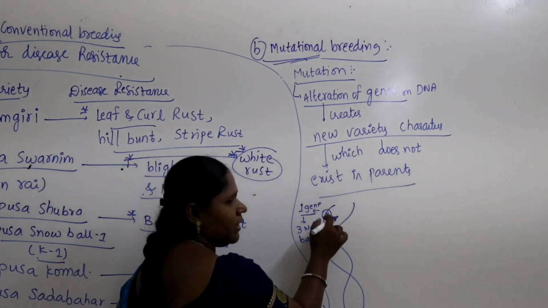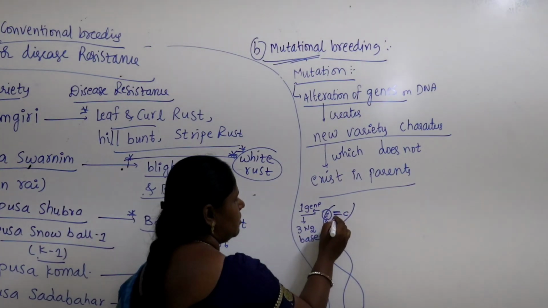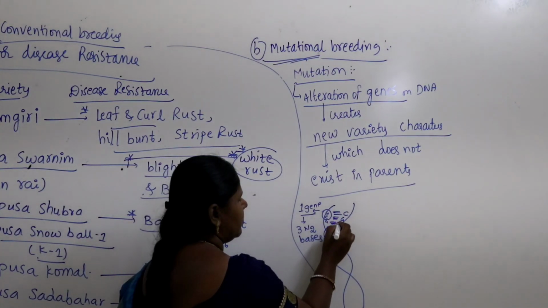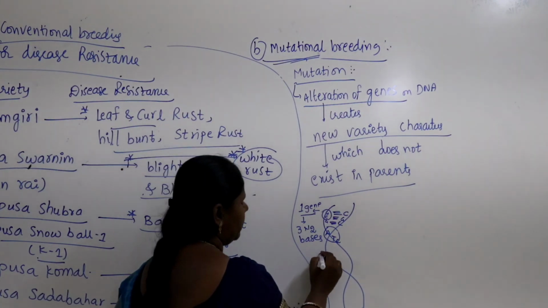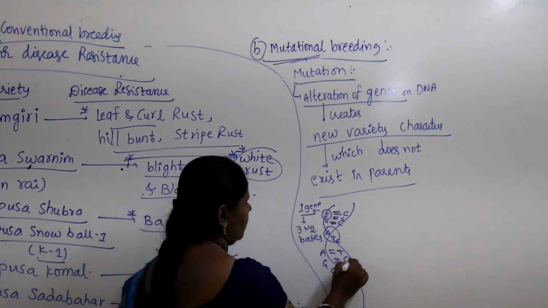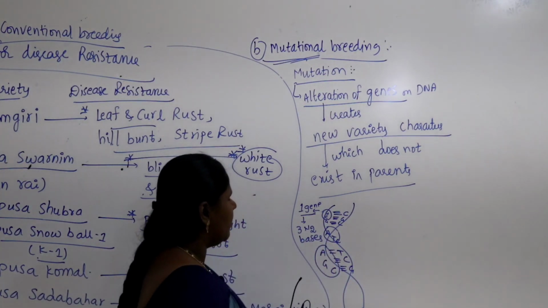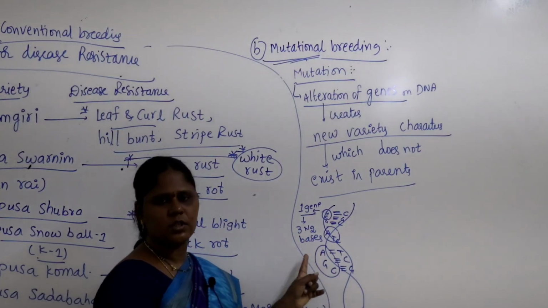So here one strand I am writing, and on the opposite strand, as all of you know, G pairs with C, and so on. So when you take 3 bases together, it's called one gene. One gene includes 3 nitrogen bases.